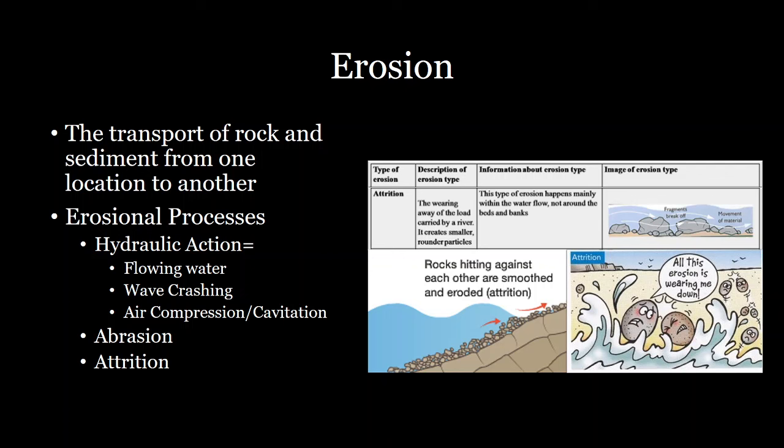And so while abrasion is erosion against the bedrock or the bed of a river itself, attrition is material that's already been weathered away and is now banging against each other. And so that can cause further movement as smaller, more rounded particles tend to move more easily.